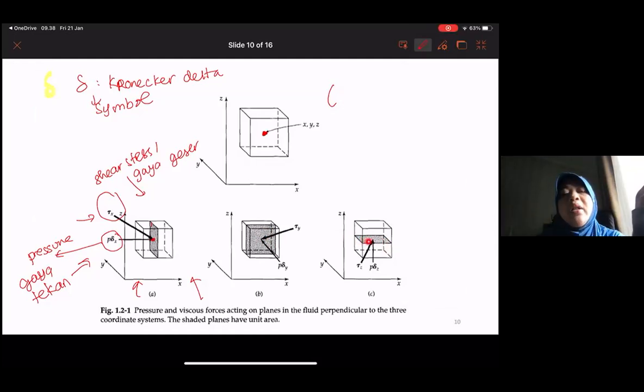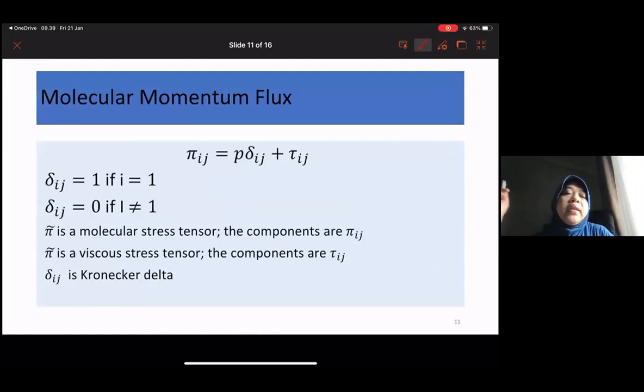Okay, and this is called the molecular momentum flux.